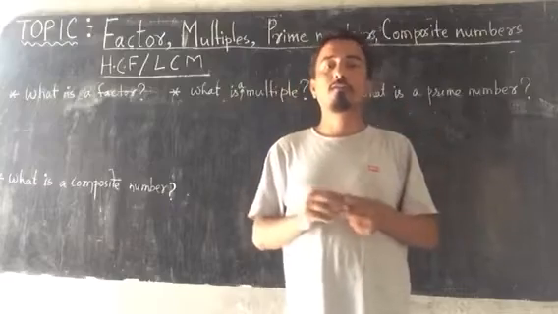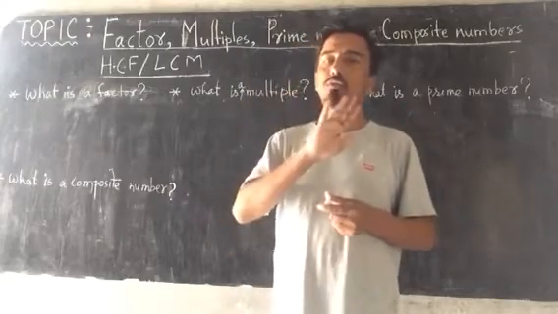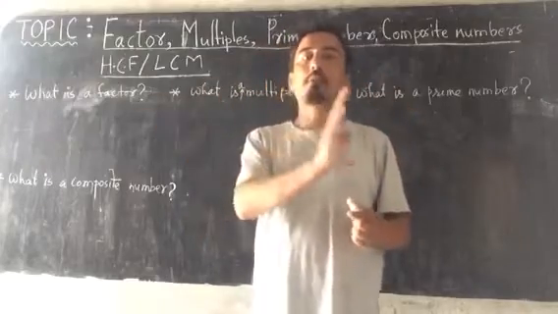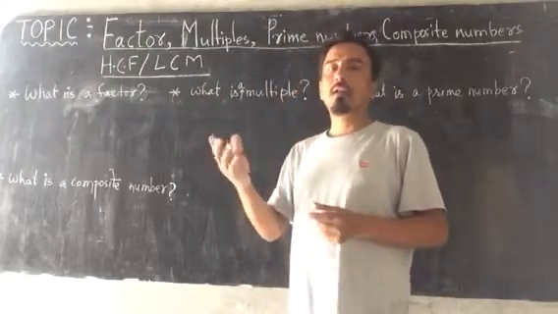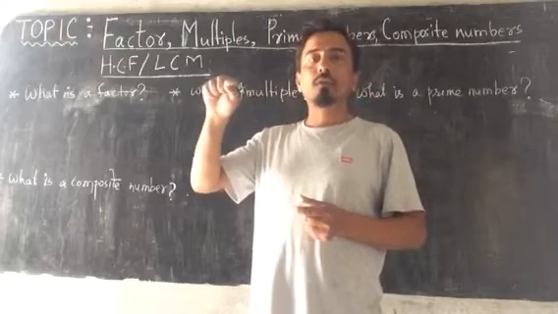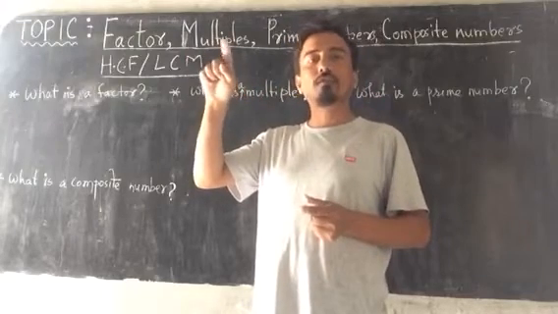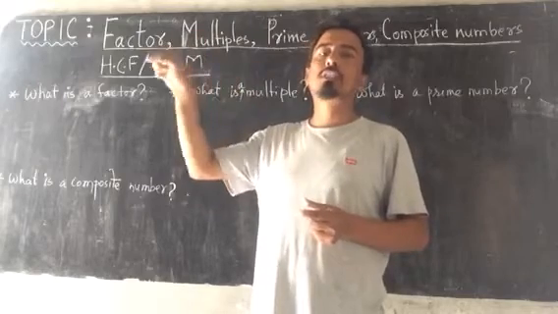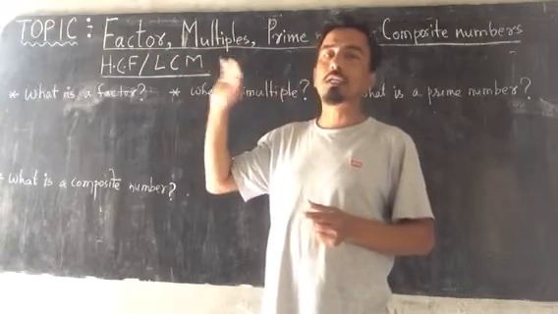So be very careful, very attentive. It's not so difficult to distinguish factor and multiple. Very simple. Like 2 can divide 12. 2 sixes are 12. Completely, 2 can divide 12.